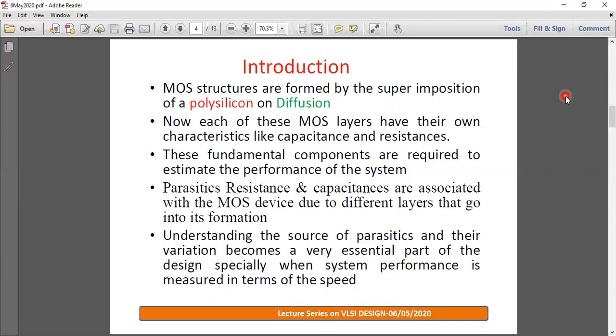So if RC product is higher, then delay increases, and if delay increases, system performance will be reduced, that is the speed of the system will be reduced. Hence it is important to know these parasitic R and C values so that we can reduce the delay and we can improve the performance of a system.